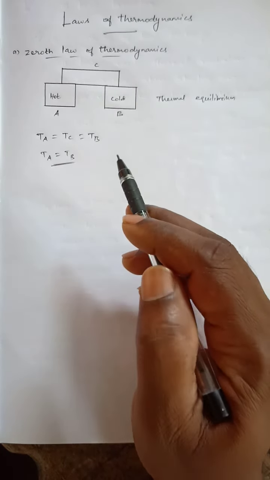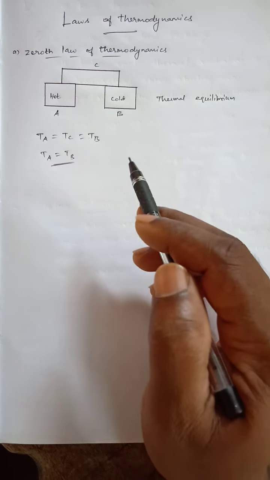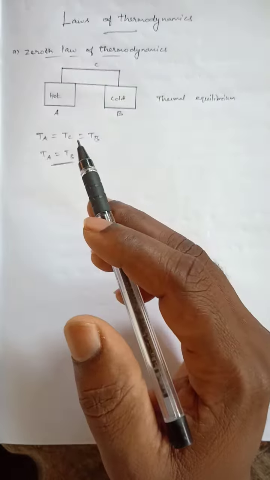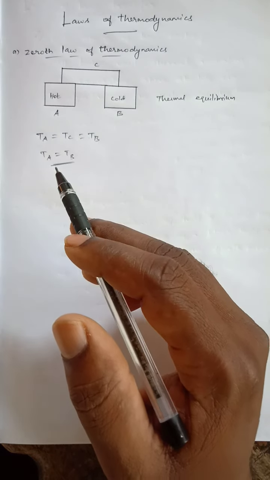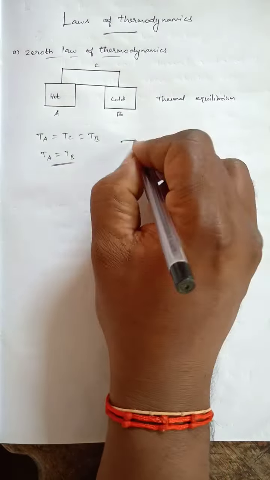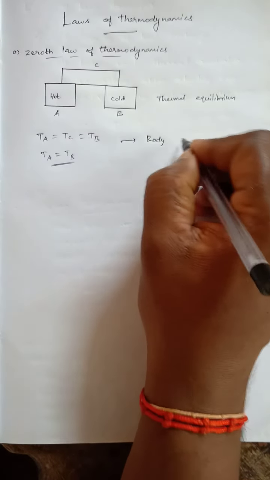At this condition, the temperature of the thermometer is the same as that of the human body, because heat is transferred from the human body to the thermometer. So this principle is used in finding the body temperature.